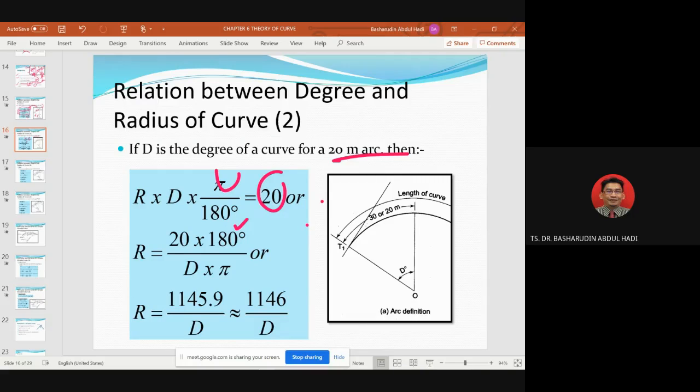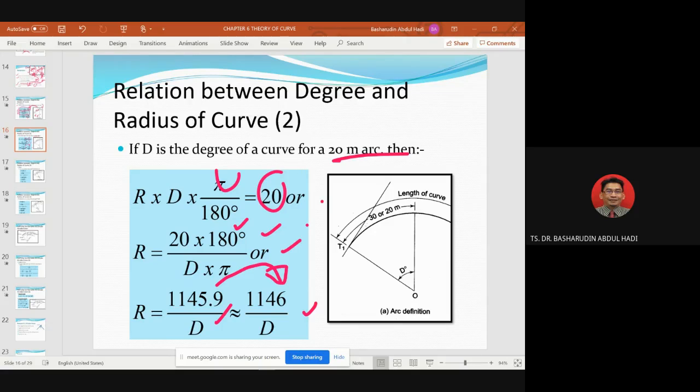Or R equals 20 times 180 degrees divided by D times pi, or we can arrange it: R equals 1145.9 divided by D, which is equivalent to 1146 divided by D. This one we make a small value, an even number.